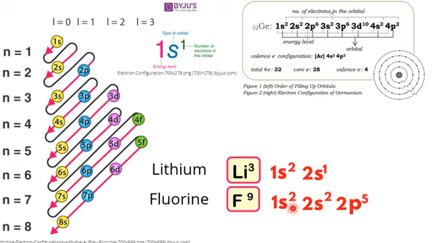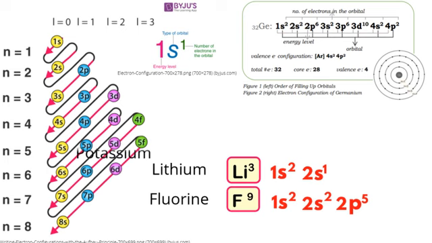If you add 2 plus 2 plus 5, it is now equal to 9. And 9 is the atomic or electron number of fluorine. Take note that the exponents pertain to the electrons. As I reminded a while ago, the exponent refers to the electron number of the element.